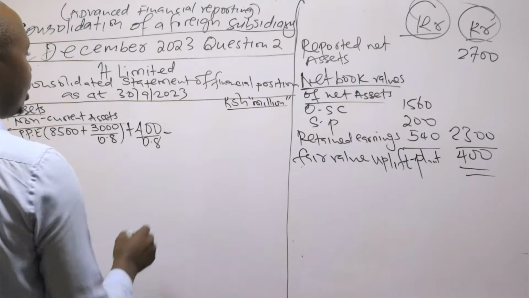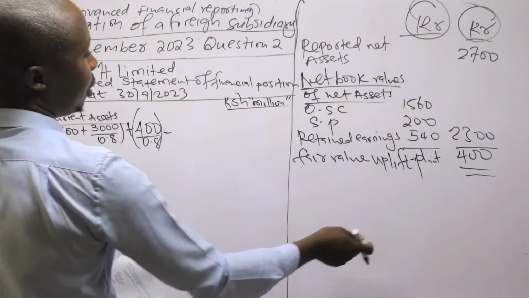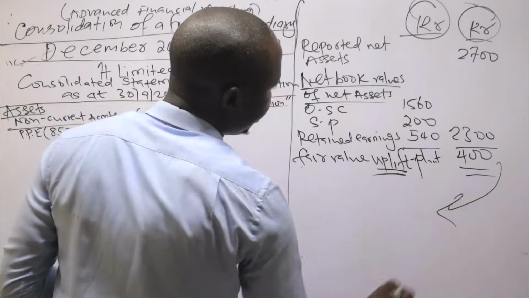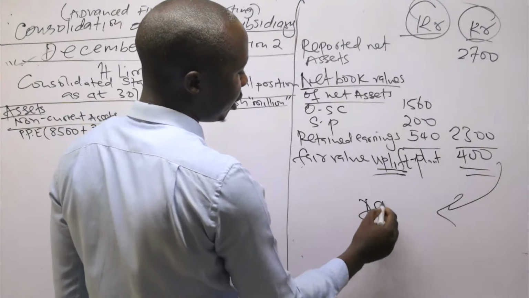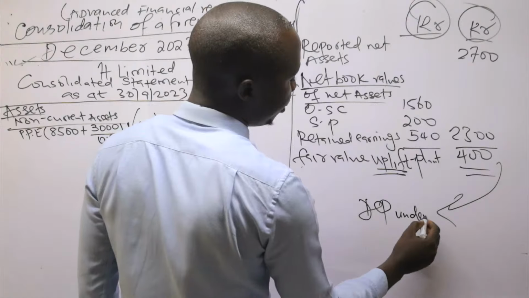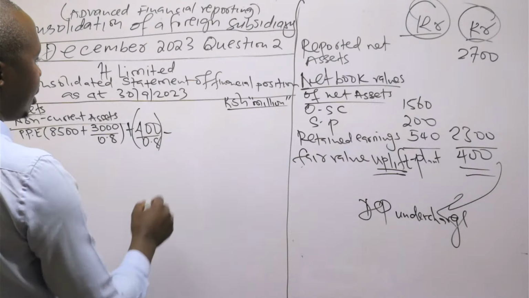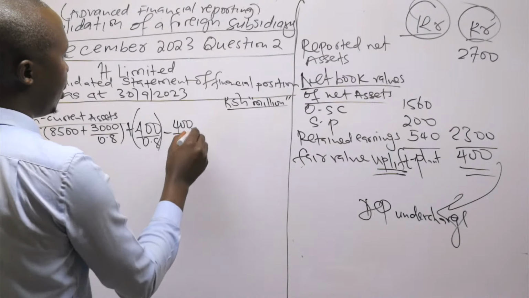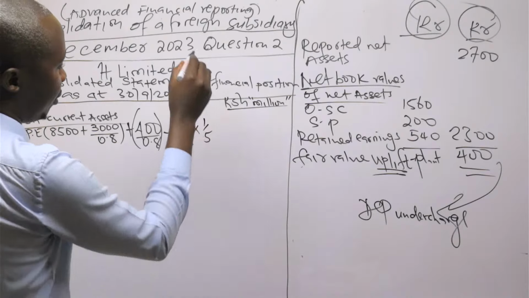Then we deduct depreciation, because now once we have a fair value uplift, this value of 400 has not been subjected to depreciation. So we need to check depreciation. We call it depreciation undercharge due to that revaluation. So the 400 divided by 0.8 times 1 over 5.